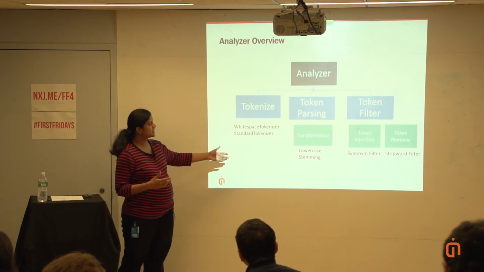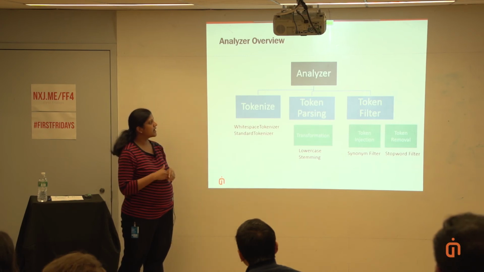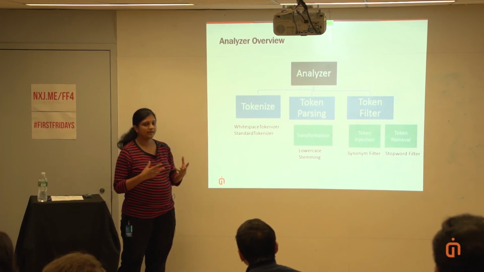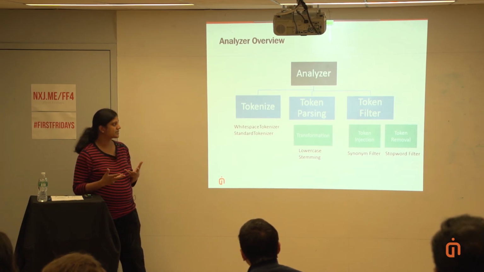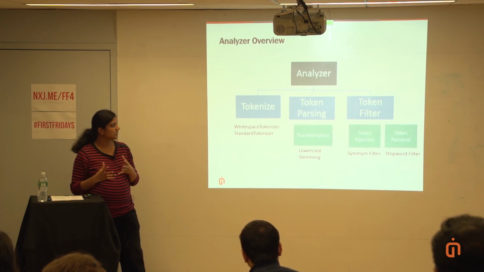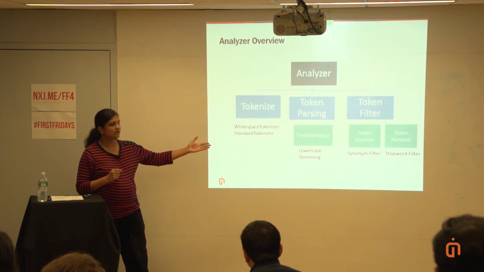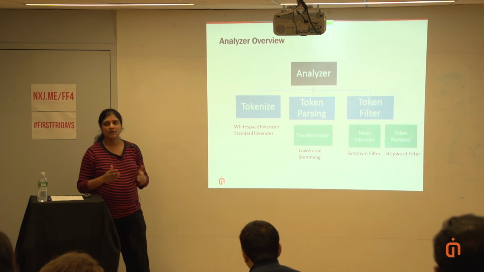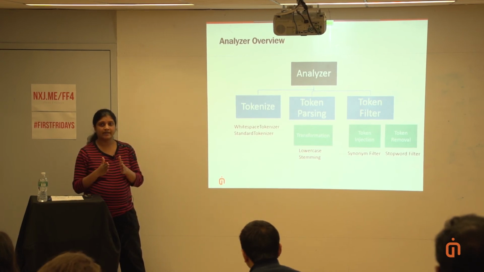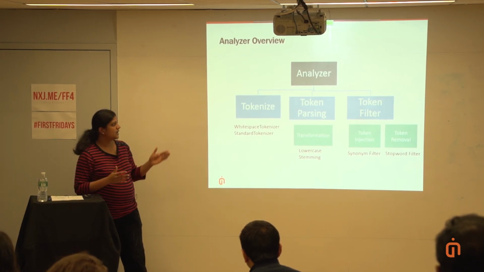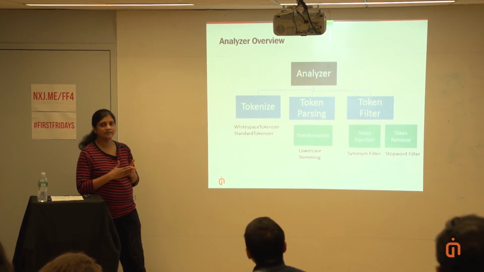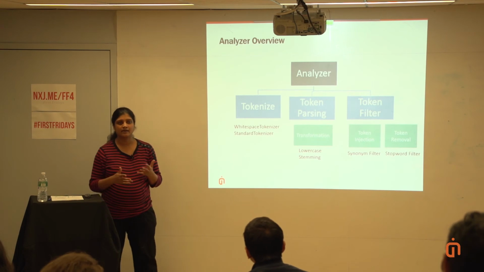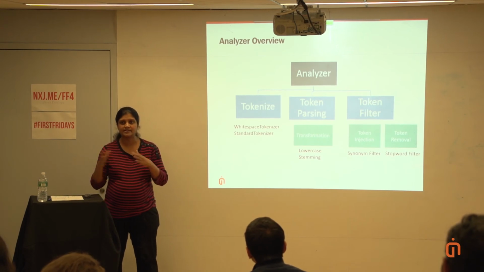Then we parse it. In computer science terms, that is lexical parsing, transforming or massaging the data by turning it all into lowercase and applying stemming so that you get to the root of the word. The final thing is the token filtering, which is finding the synonyms or removing the stop words like the, a, and all these things.